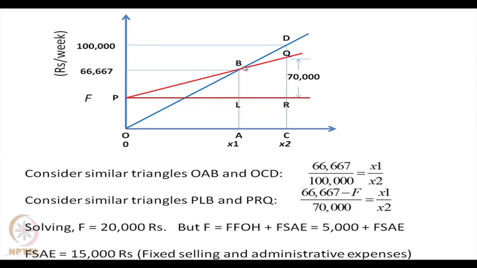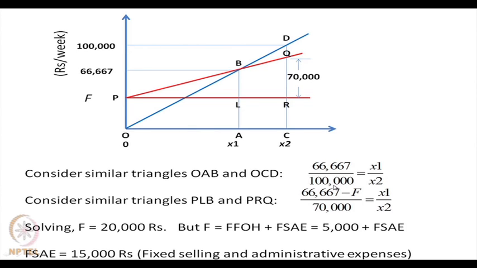Therefore, I am considering these two triangles first. From here, I can say that AB divided by CD is equal to OA divided by OC. OA is, I have said x1, and OC I have called it x2, and this height is 66,000 and this height is 100,000.